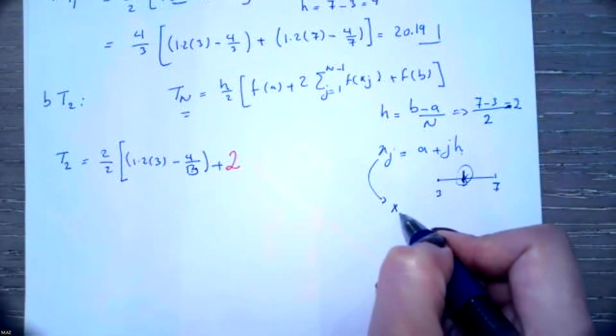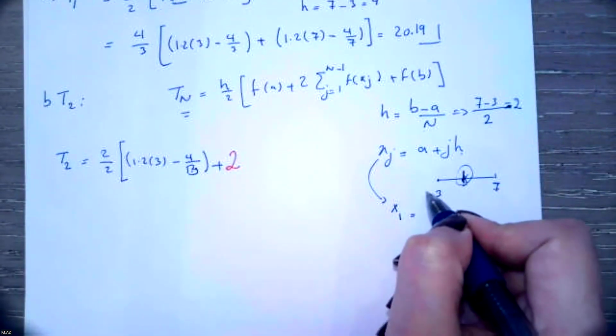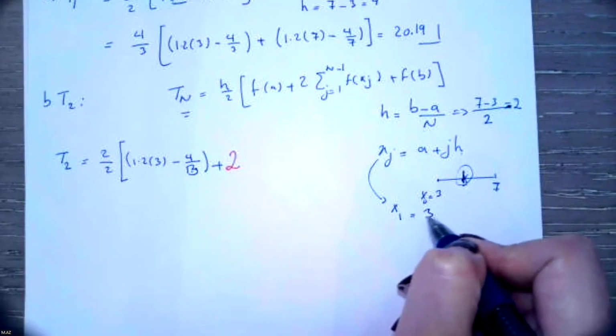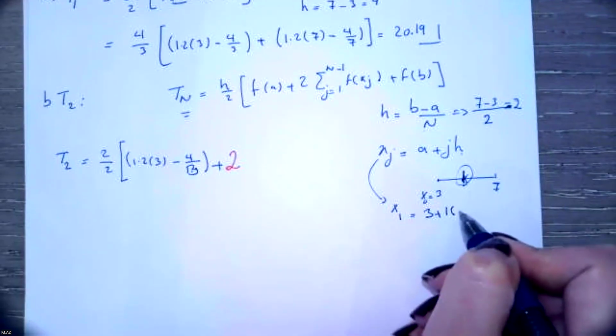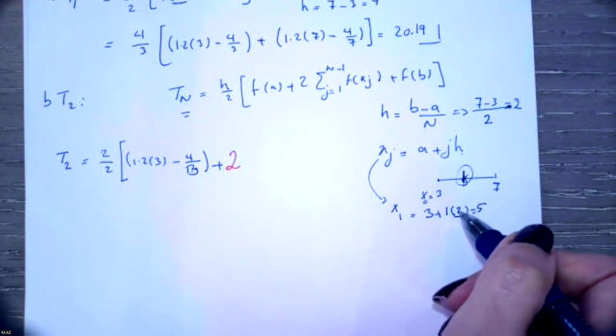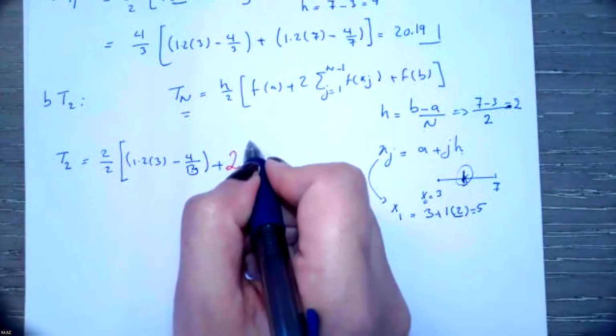If we consider this as the x0, the x1 is 3 plus 1 times the h, which is 5. It means we have to find the value of the function at point 5.